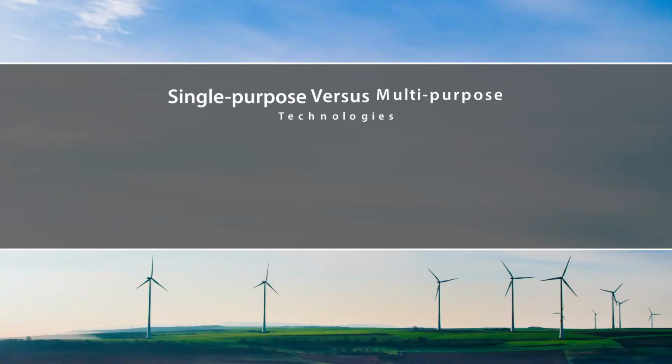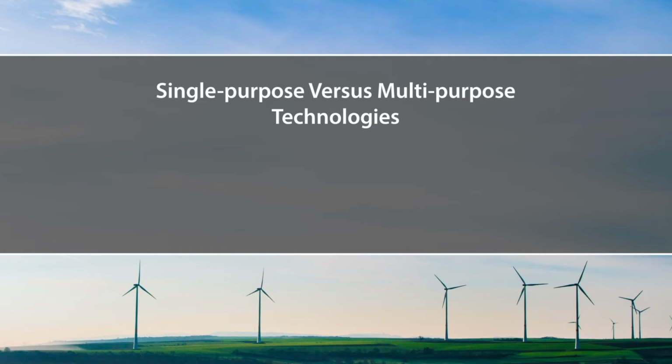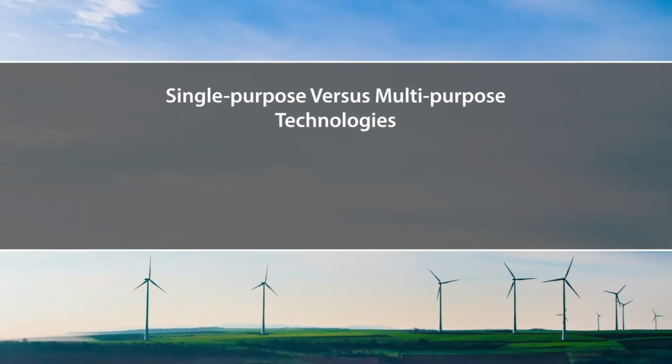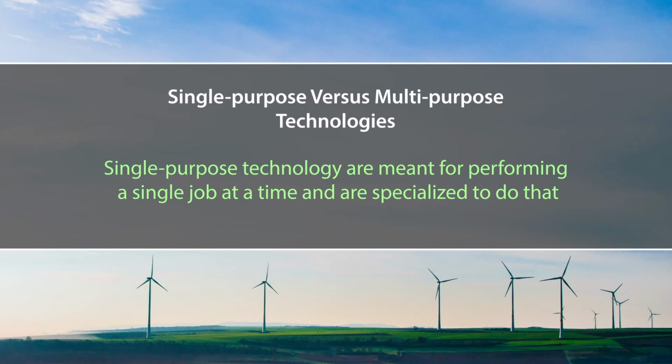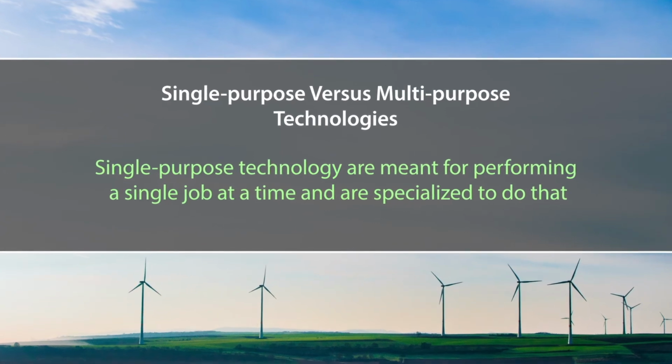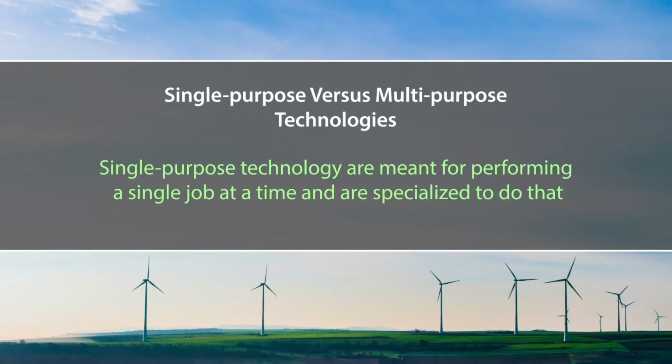Next category of technologies are single purpose versus multi-purpose technologies. What is a single purpose technology? Single purpose technologies are meant for performing a single job at a time, and are specified to do that particular task.